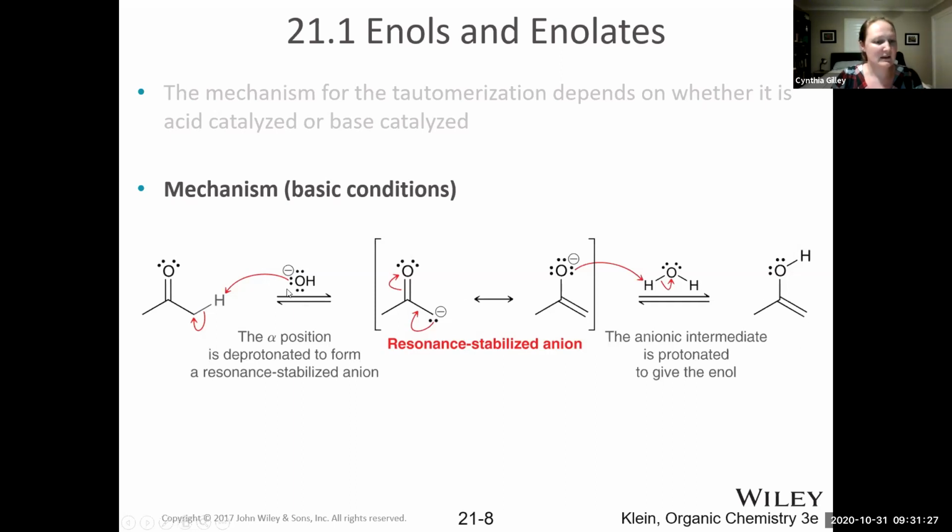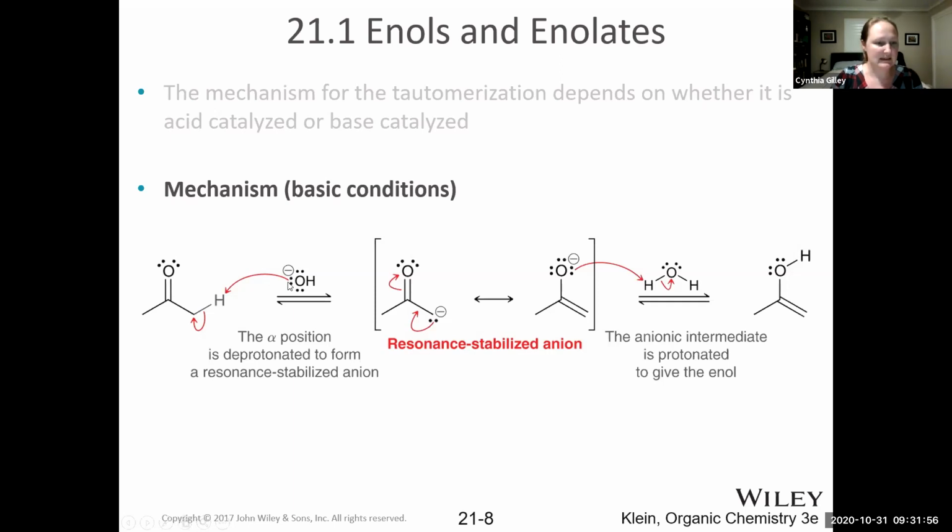Now you might ask, why doesn't this hydroxide, which is a strong base, but is also a strong nucleophile, why doesn't it attack the carbonyl carbon? We saw that before in a previous chapter where we formed a hydrate, and the first step was nucleophilic attack of hydroxide to the carbonyl carbon of a ketone. And of course, that can happen, but that is also a reversible reaction.